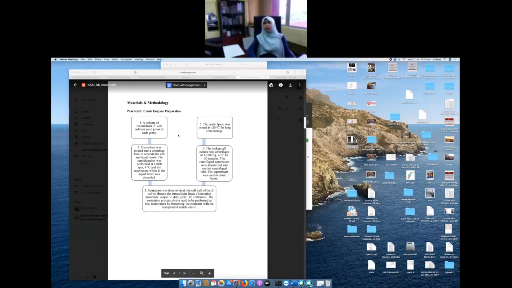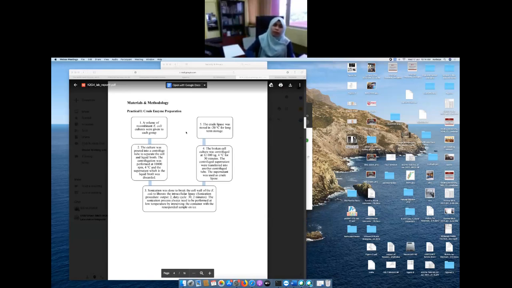Enzyme assay is used to measure if there's any active enzyme in the extracted sample. So that's why the first thing to do once you have extracted the sample, you need to do the enzyme assay.